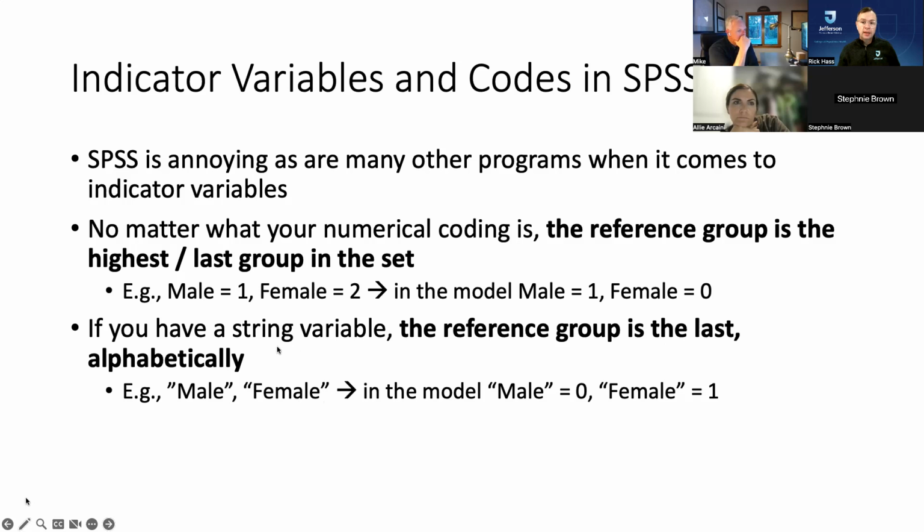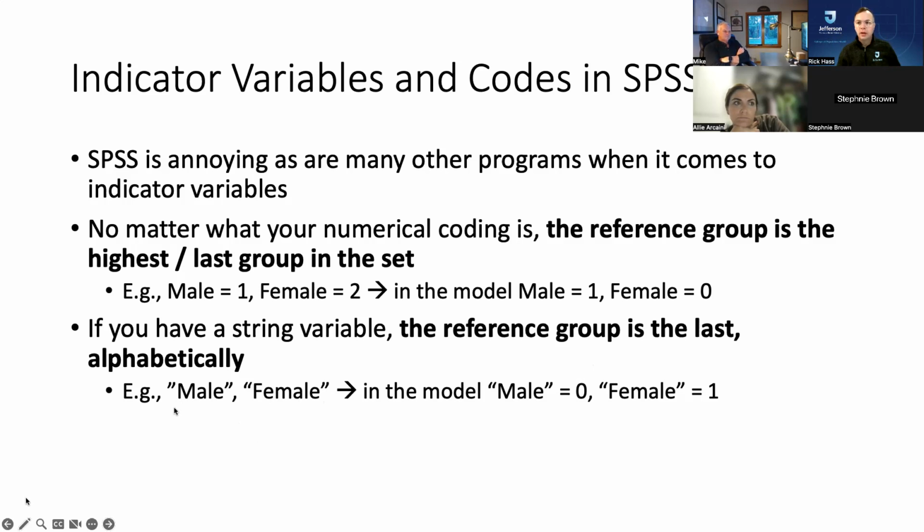If you have string data, it uses the alphabetically last. So if you had, instead of 1s and 2s, typed out male, female, male, female, and you pass that as the predictor to the regression problem, in the background, SPSS is going to change it to 0 equals male, 1 equals female.